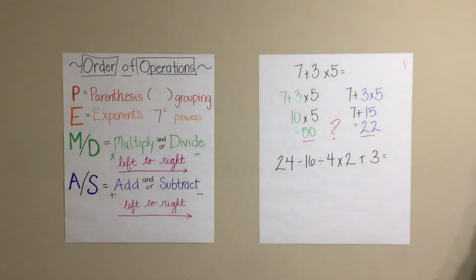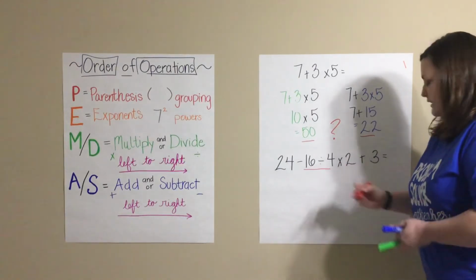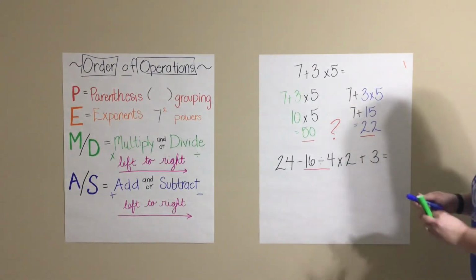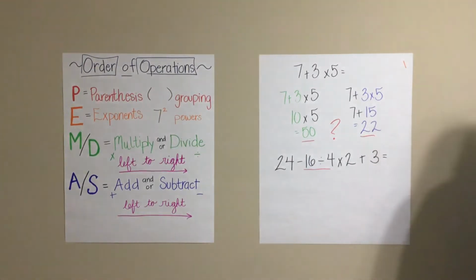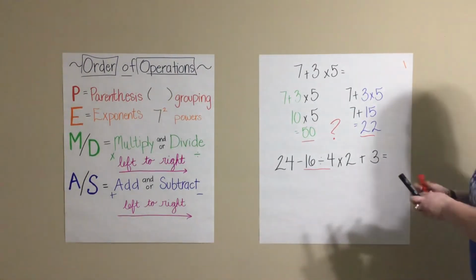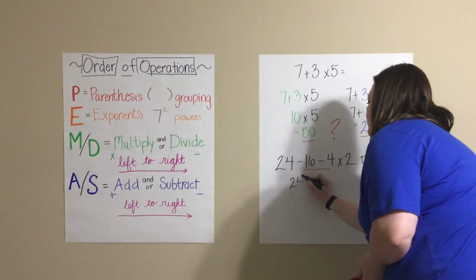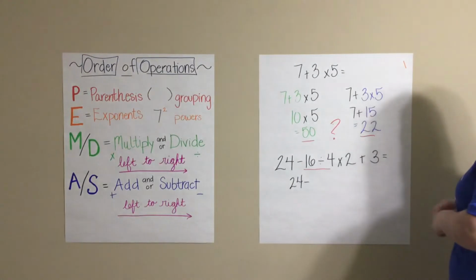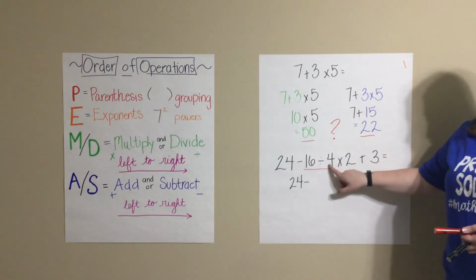So I'm going to do that one first. Let's just keep it in red. We'll do red and black. All right, so I'm going to keep that 24. That didn't change, so I've got 24 minus, okay? Now I'm going to solve 16 divided by 4.